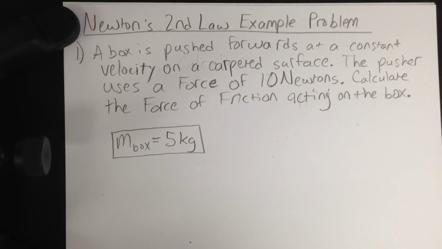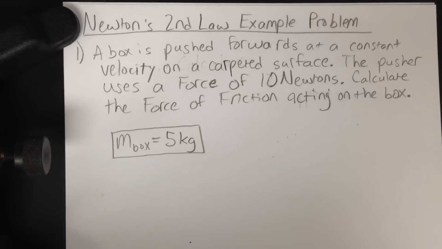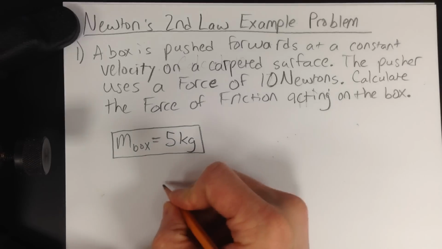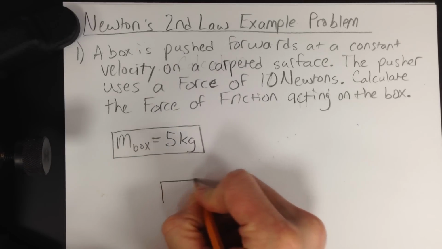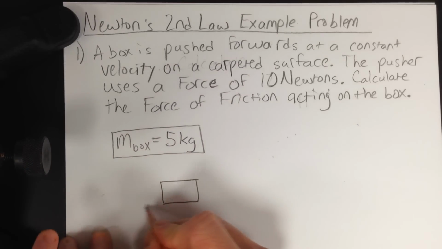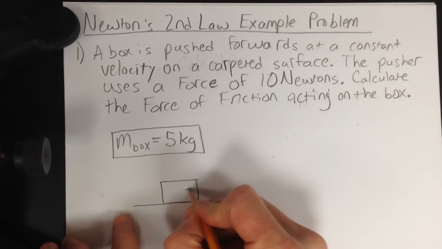It says a box is pushed forwards at a constant velocity on a carpeted surface. The pusher uses a force of 10 newtons. It says calculate the force of friction acting on the box. So there is a push and there is a force of friction, those two forces acting on the box. Let's draw our force diagram with those two forces acting on the box.